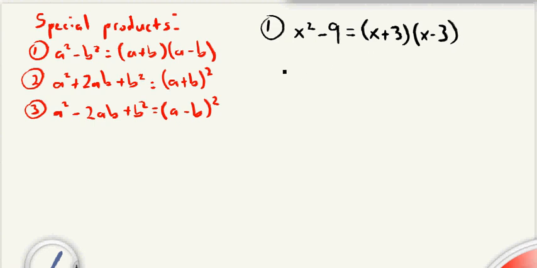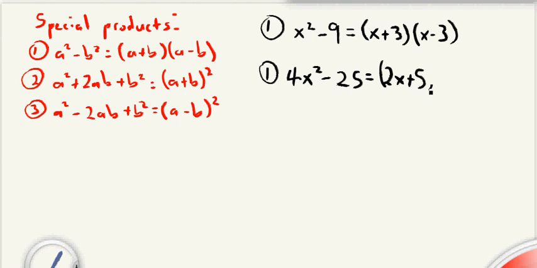We could also look at another example. It doesn't just have to be plain old x squared there. What if we had 4x squared minus 25? Here, our a is going to be 2x, because the square root of 4 is 2 and the square root of x squared is x. So we're going to have 2x plus the square root of 25, which is 5.